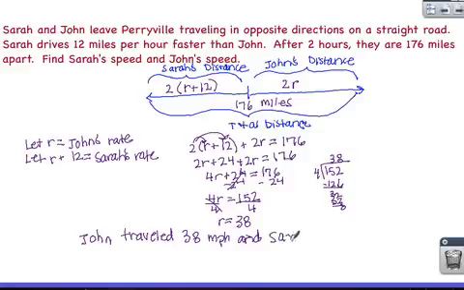And Sarah traveled r plus 12. 38 plus 12 is 50, so Sarah traveled 50 miles per hour.